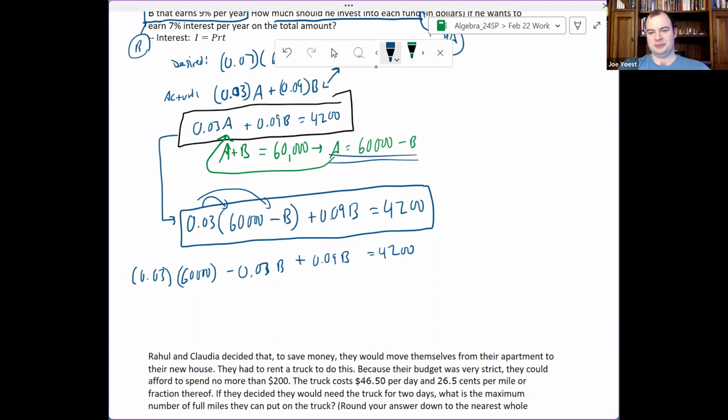That looks good now. 0.03 times 60,000, let's see what that gives me on the calculator. That gives me 1,800. I could also have found that by moving this decimal point 2 to the right and this one 2 to the left and done 600 times 3.